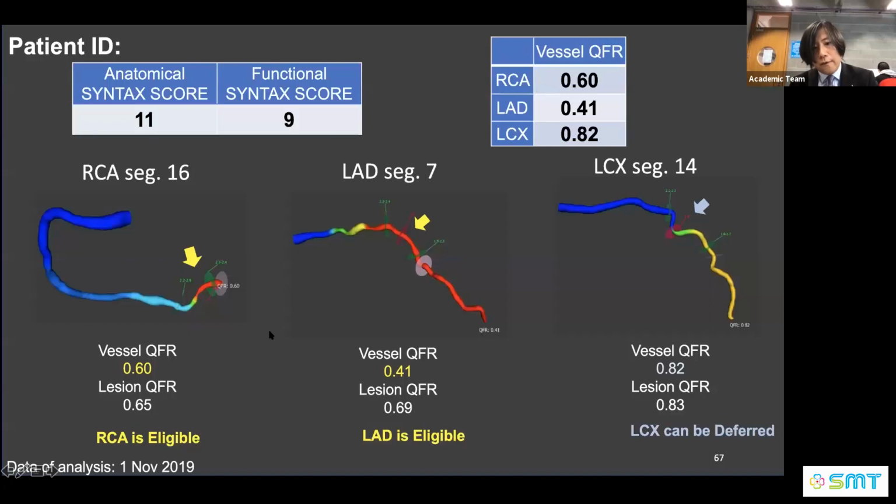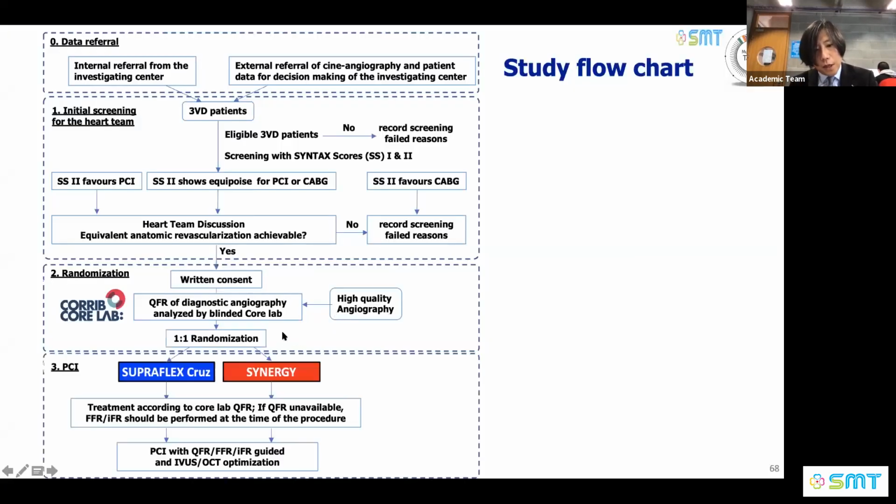So in the core lab, we will do this QFR analysis online, before the procedure, at the time of randomization, and provide all this information back to the site, so that when you do the PCI, you can decide based on the QFR which region should be treated and which region could be deferred. So the site will see this result.